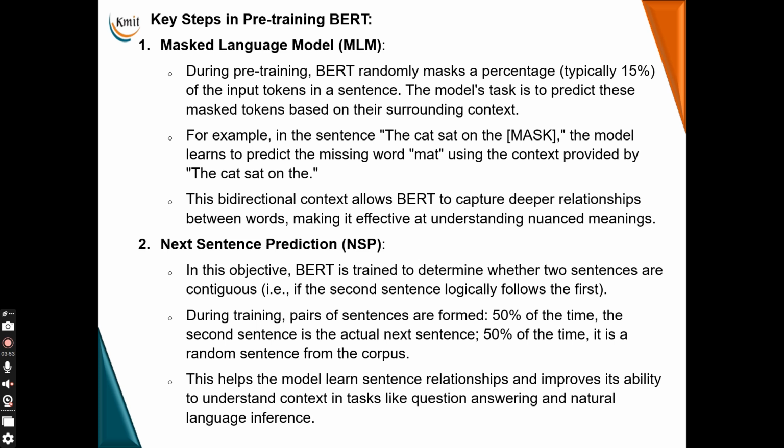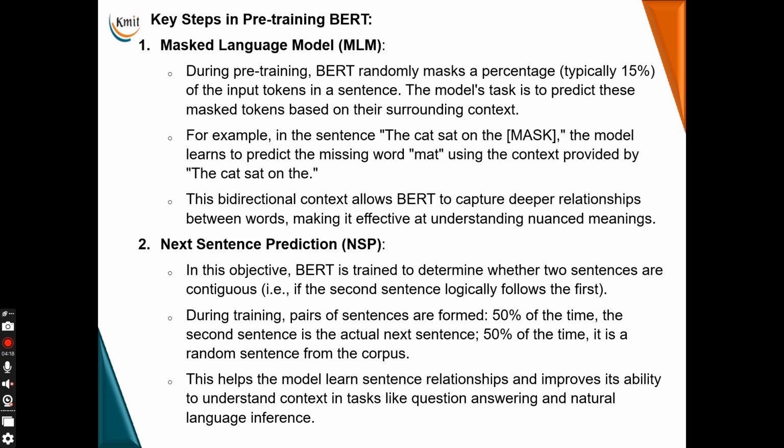The cat sat on the, right? Generally we expect a rhyming word, mat. There is nothing to do with rhyming, but generally it is "the cat sat on the mat." This is what we have kept on learning since we were kids. So if I have masked the word mat, the model has to predict it depending on the context.